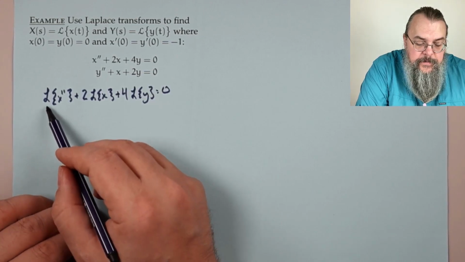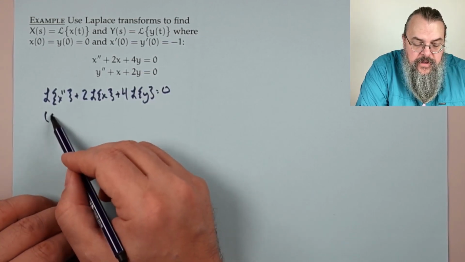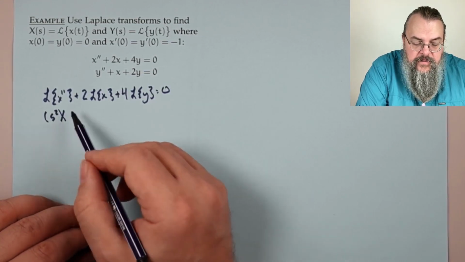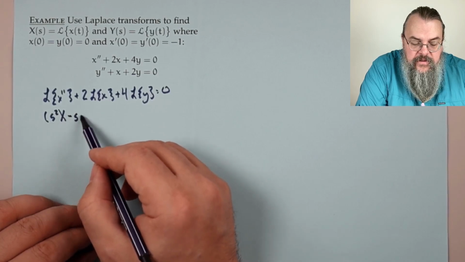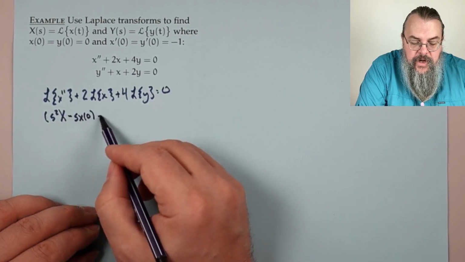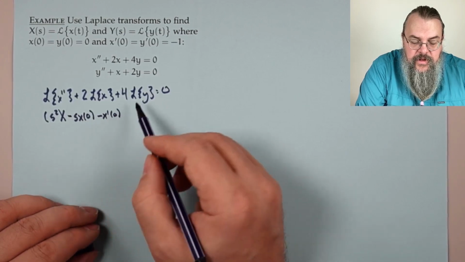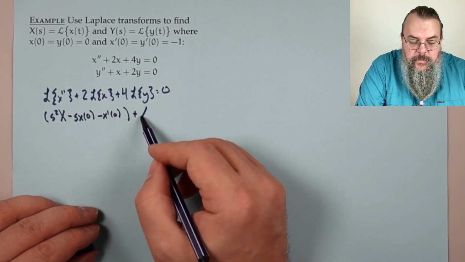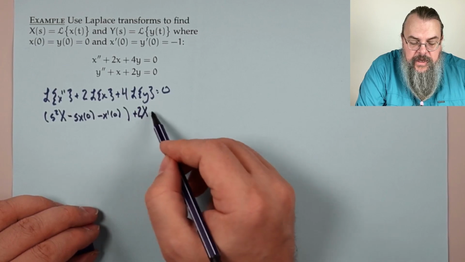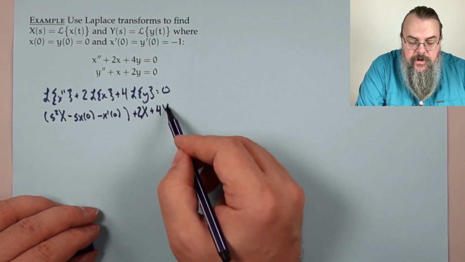Now the first piece here becomes s squared X minus s x(0) minus x'(0). And then these other pieces will be 2X and 4Y.